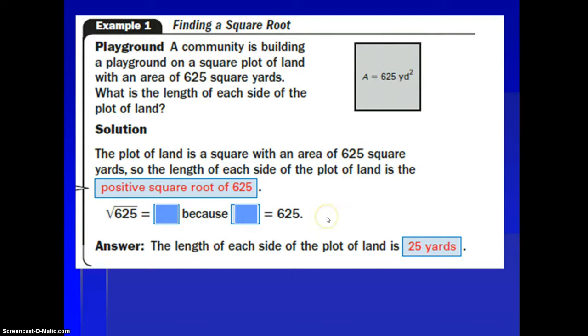You need to think of a number that when multiplied by itself equals 625. That number is 25 because 25 times 25, or 25 squared, is 625. So the length of each side of the plot of land is 25 yards.